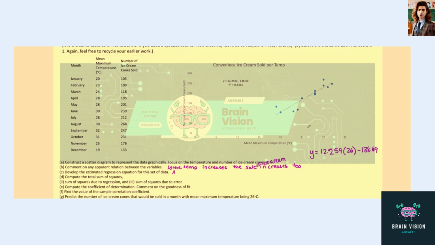So then I have 12.259 times 26 is 318.734, minus 138.69, and that is 180.044. So then, as you can see, this is about where 26 would be, and that's about correct, right about there.